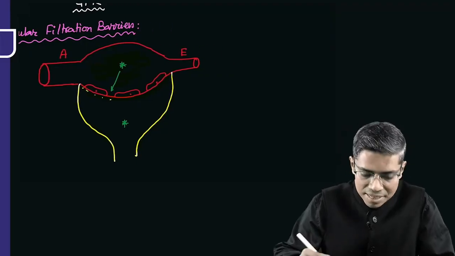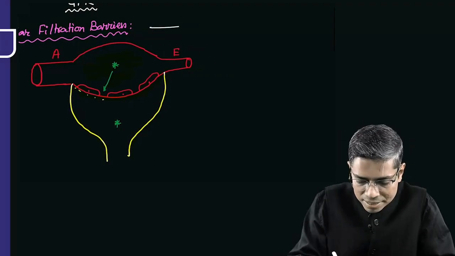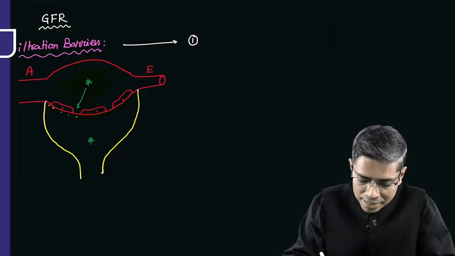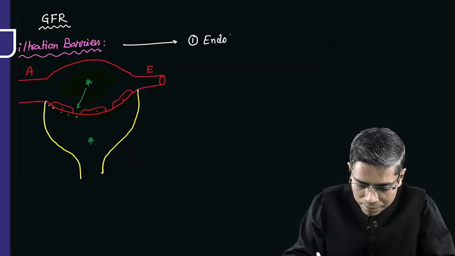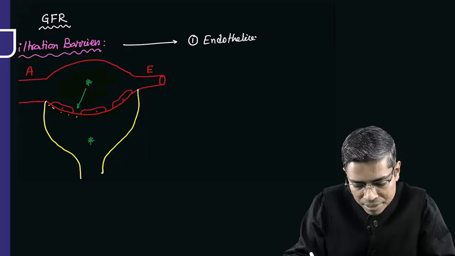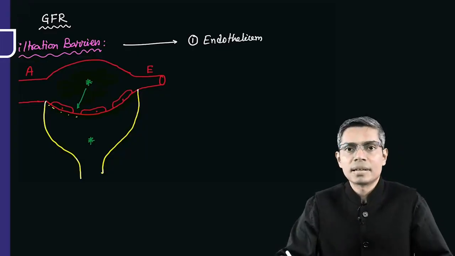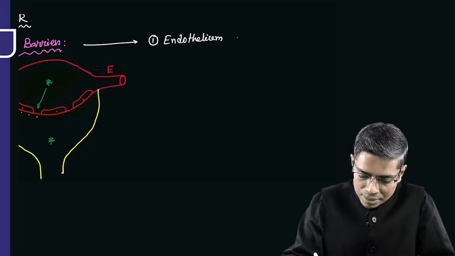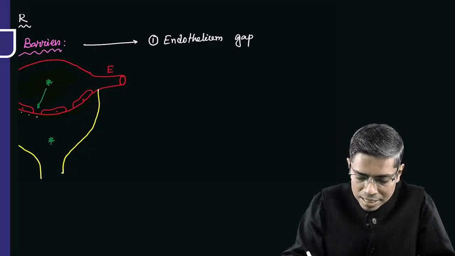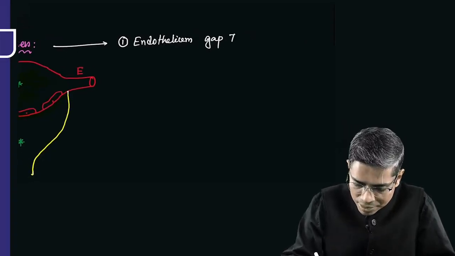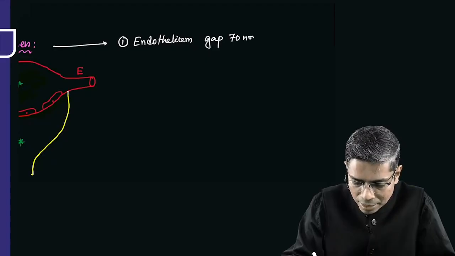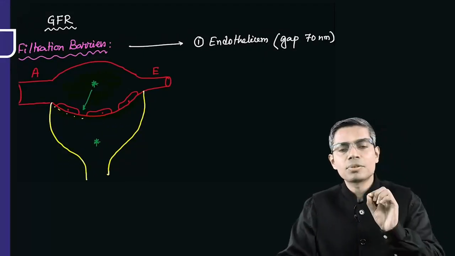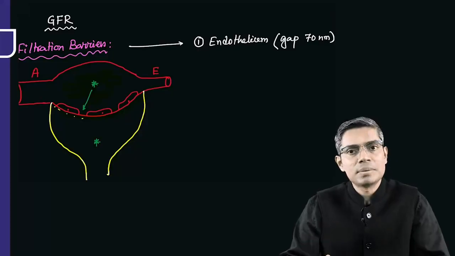So the first layer of this barrier, so I am writing here, this barrier is consisting of number 1, endothelium cell of glomerular capillary. Because it is a fenestrated type of endothelium, the gap which is present in between two endothelium cells is 70 nanometer. So big gap. So these substances will easily pass through this big gap between two endothelium cells.